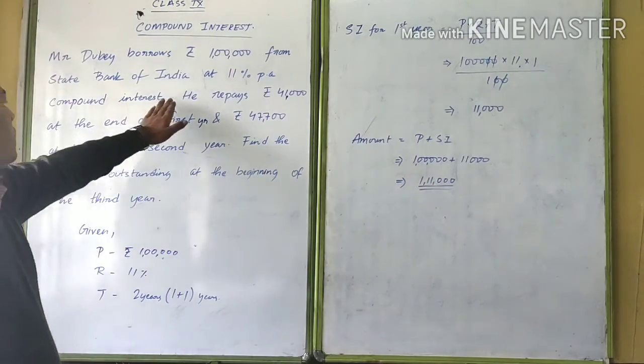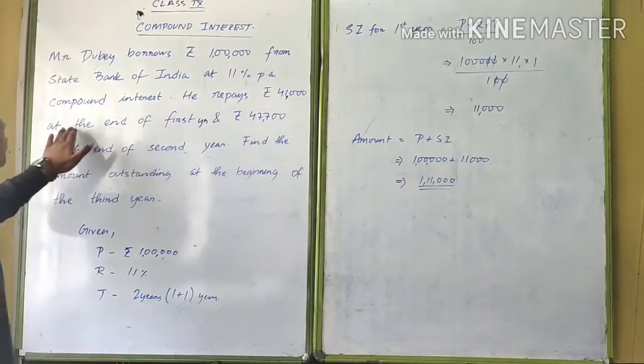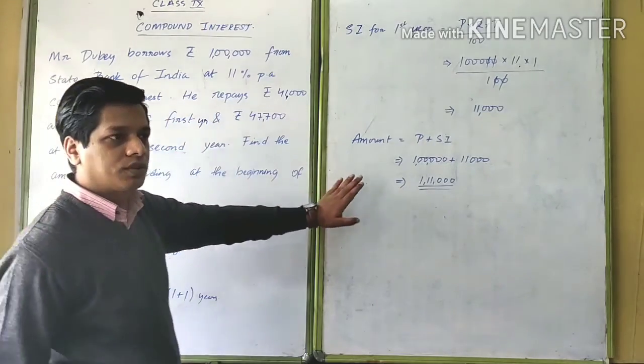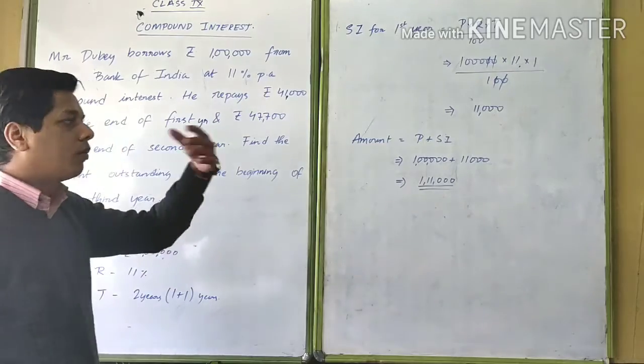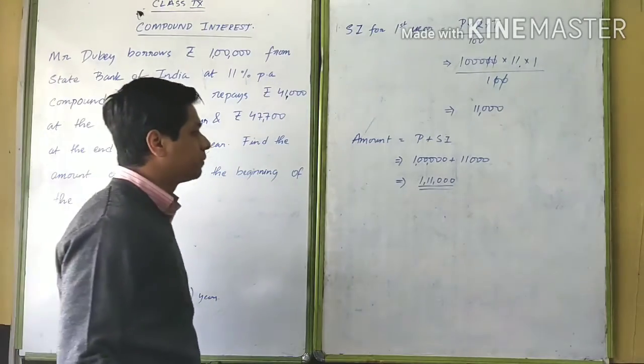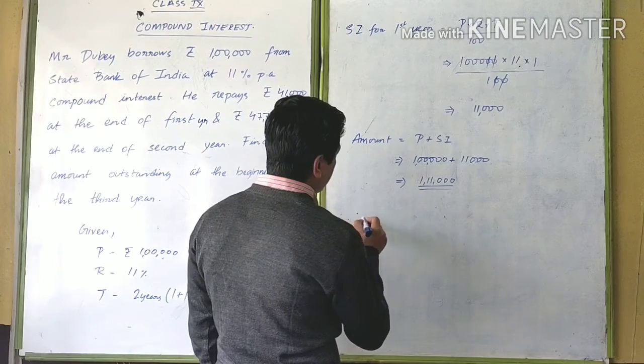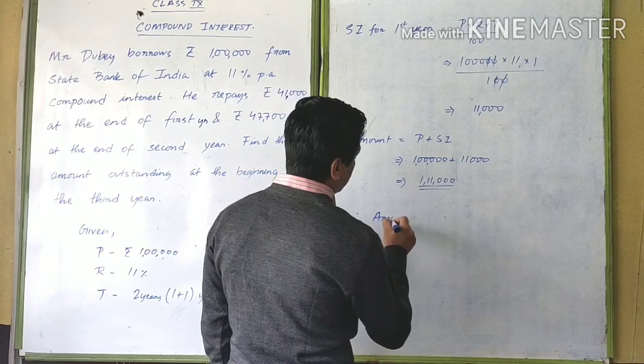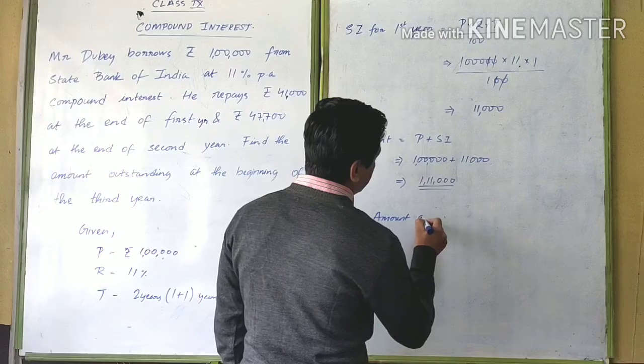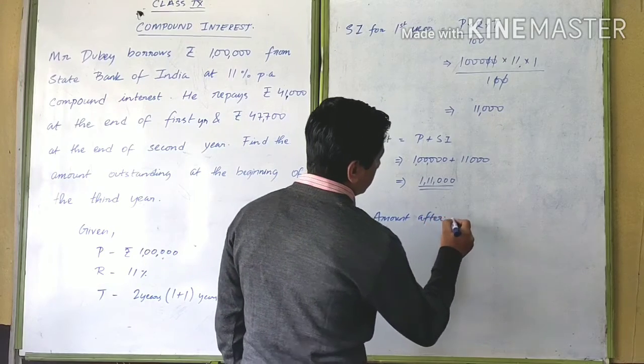Now the question is stating he repays 41,000 at the end of first year. So we have to subtract the repayment, the amount of money which he has paid to the bank. Therefore amount after repayment.